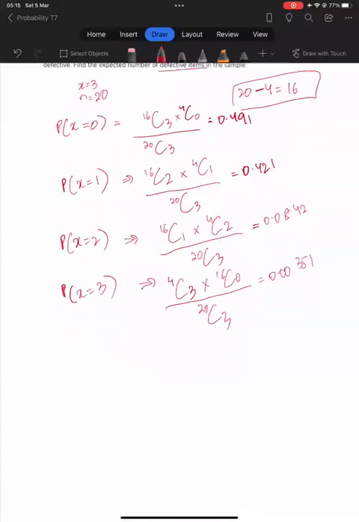So we know that for expected value what we do is we sum x times p(x) for all the x's and the corresponding probabilities.